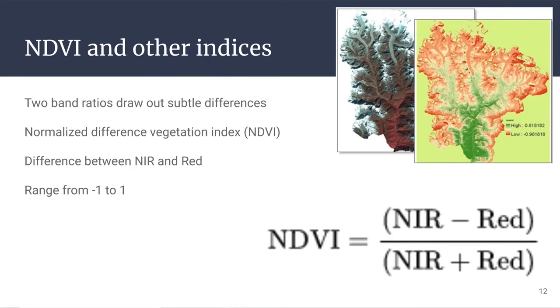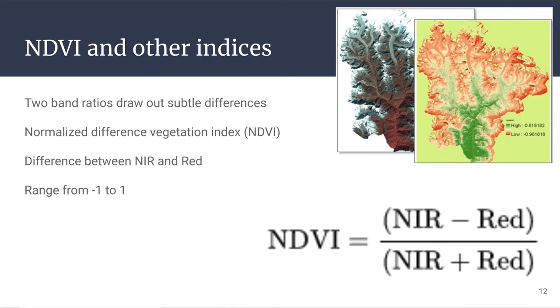By using these 2 bands, the near infrared and the red together, we look at the difference between the near infrared and the red. A big difference will have a large value on the top of this ratio. A small difference will have a small value. And then we divide that by near infrared plus red.